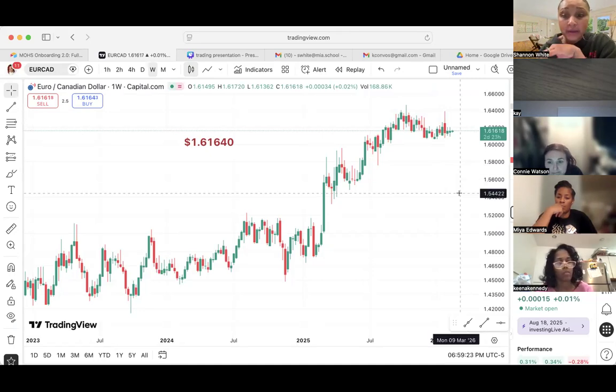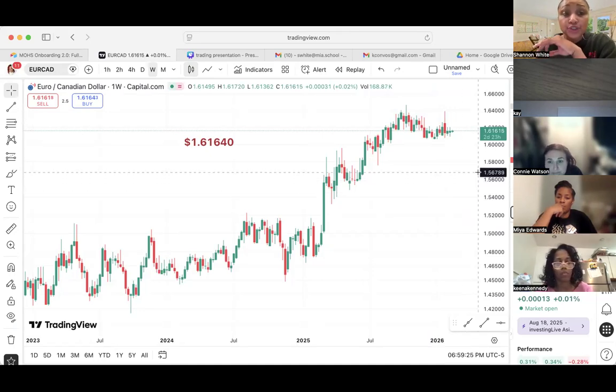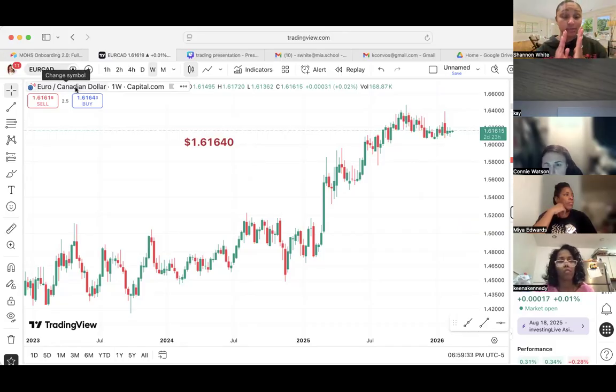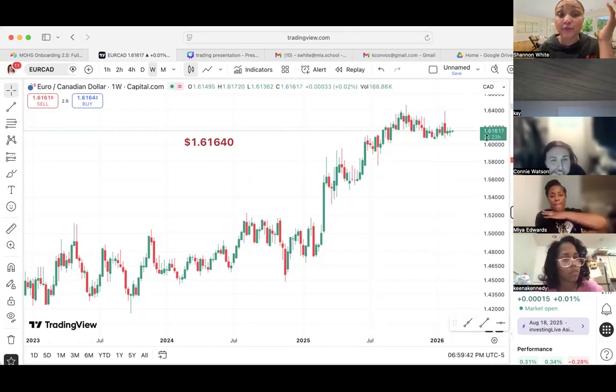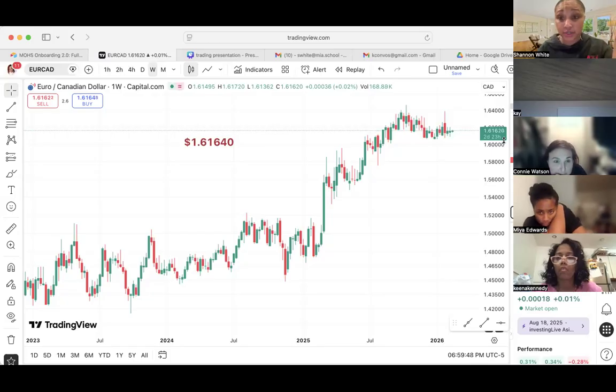All right. The goal for right now is I want you to learn how to read your chart. So somebody read me. Right now we're looking at the euro and the Canadian dollar. When you see these different pairs, it's two currencies going together. This is the price for this pair as of right now, this second. You're going to see it moving all the time because these are live charts, right?